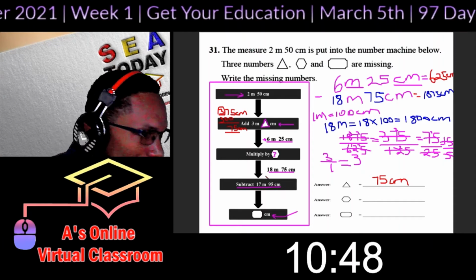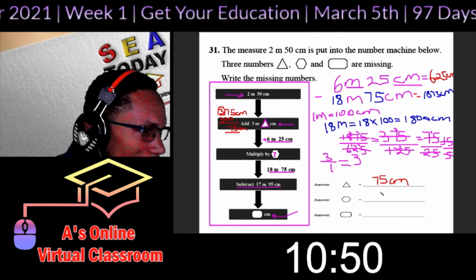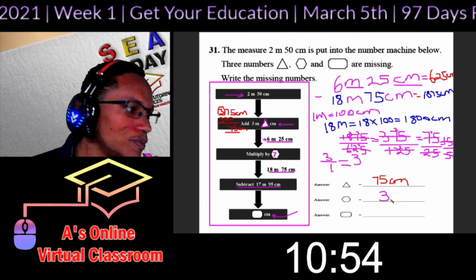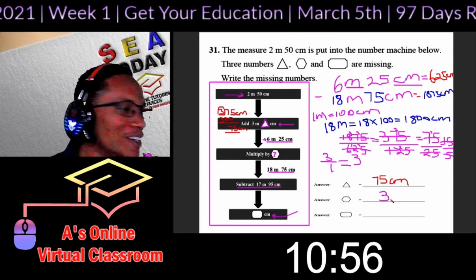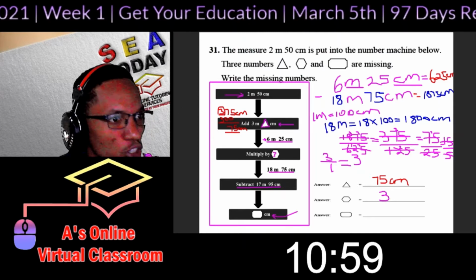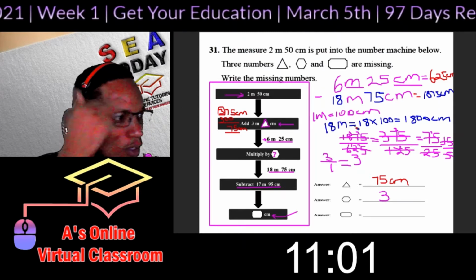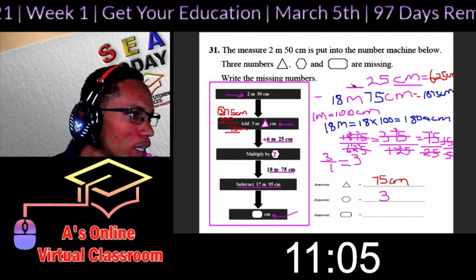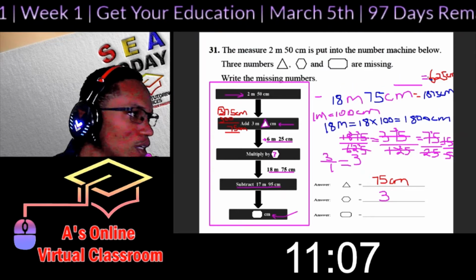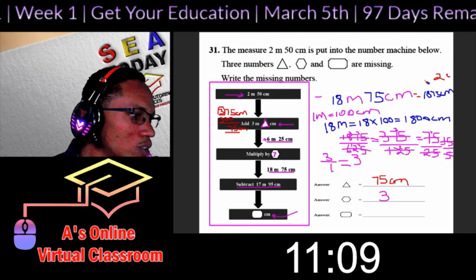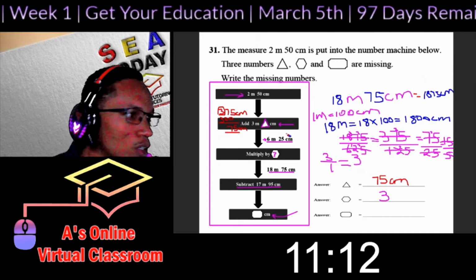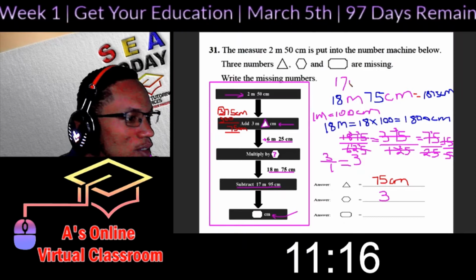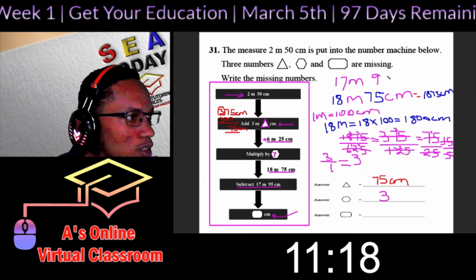So let's put 3 in here for our hexagon, and work out our irregular shape on the bottom. So I'm going to make some space. We can keep the 1875 this time, and we're just going to convert the 17 meters and 95 centimeters.